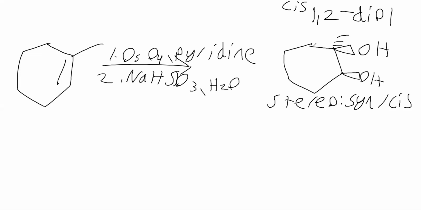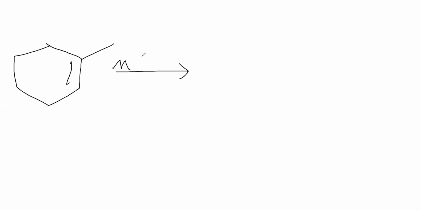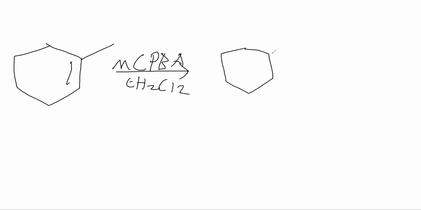There's another way to form a 1,2-diol, and this one takes more steps. So first you have to form an epoxide. There's a couple of ways we can do this. One of them is with MCPBA and CH2Cl2. This leads to an epoxide. You don't have to know the mechanism for this.